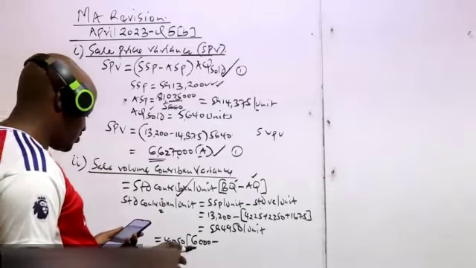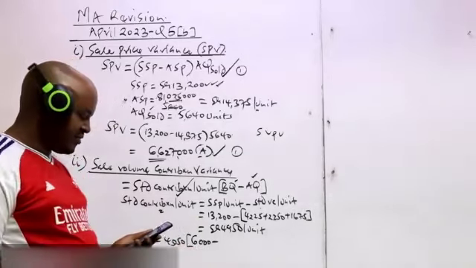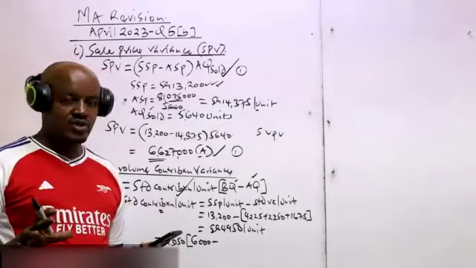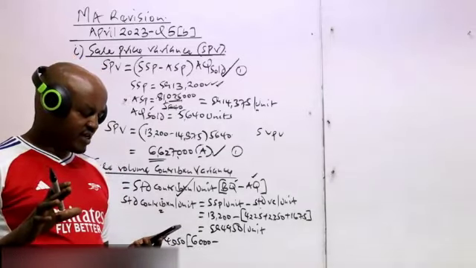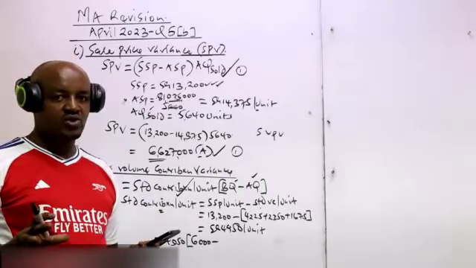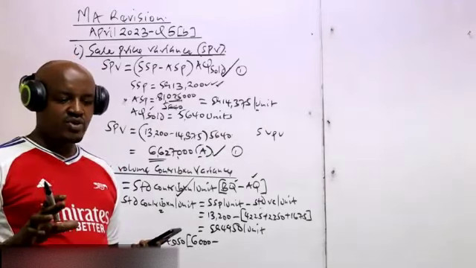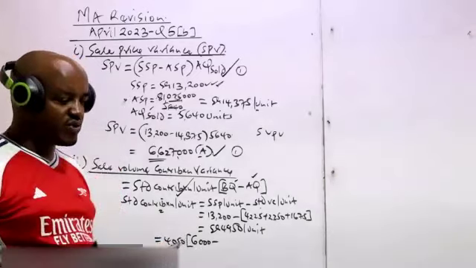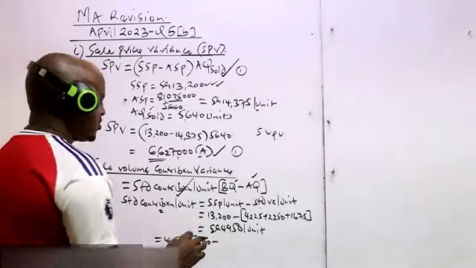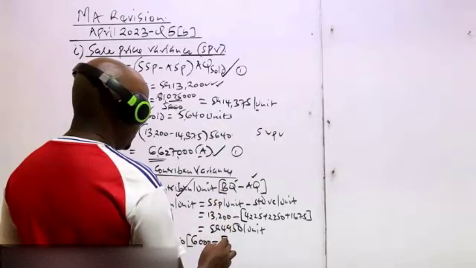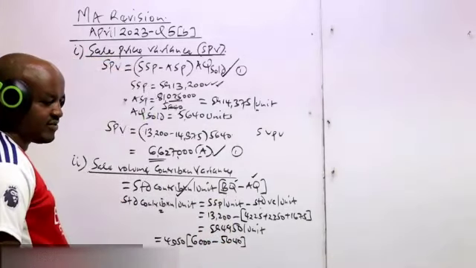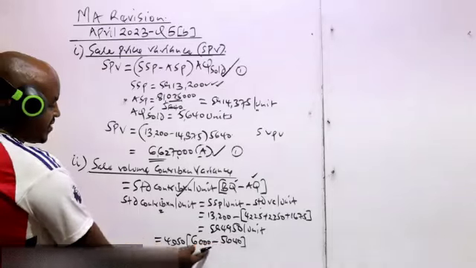If you go to note number 4, you can see we are given the actual units which were produced, and also the actual units which were sold. What do we use here? We use the actual units which were sold, not the actual units which were produced. And that is 5,640. So first of all, get the difference between these.